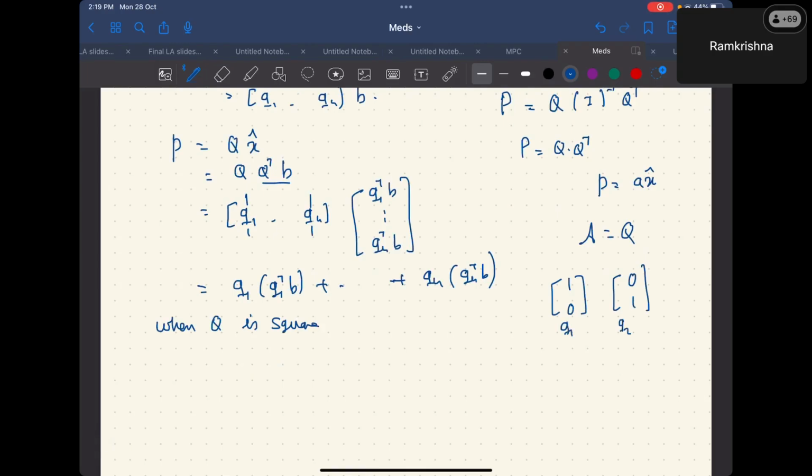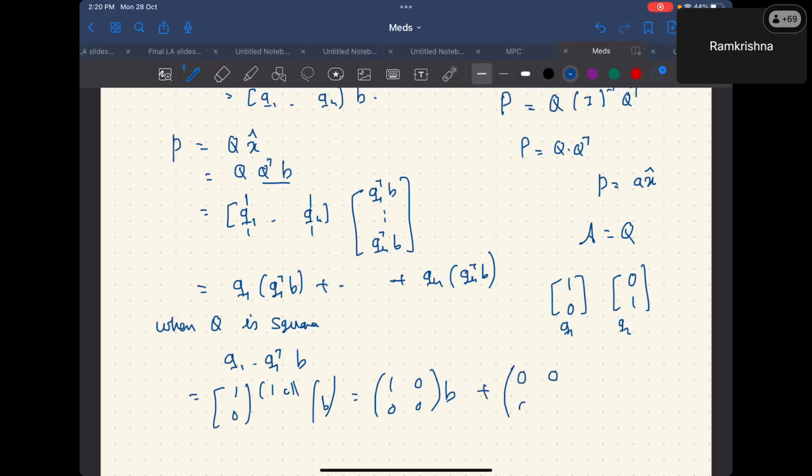Then what does Q1 transpose times B give me? Q1 is 1, 0, so this will be 1, 0, 0, 0 times B, plus similarly 0, 0, 0, 1 times B. So this is the 1, 0, 0, 1 times B.